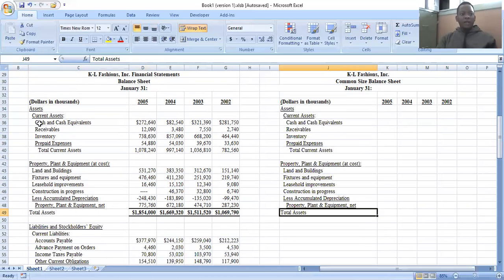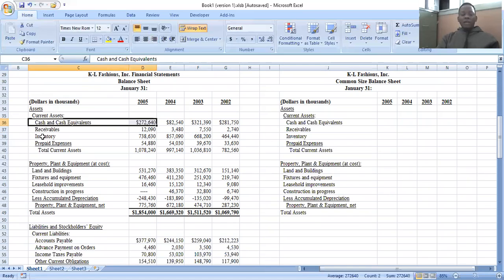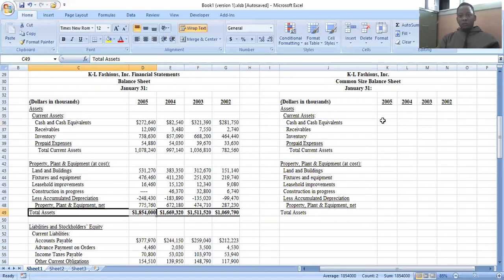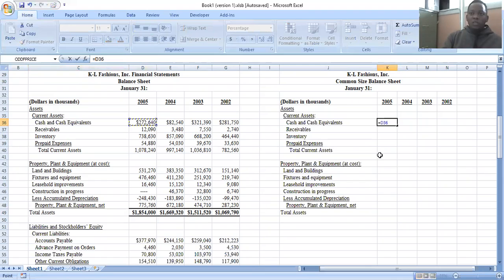For cash and cash equivalents, the common size ratio shall be equal to cash and cash equivalents divided by total assets, which is 272,000 divided by 1.854 million, to give us 15%.